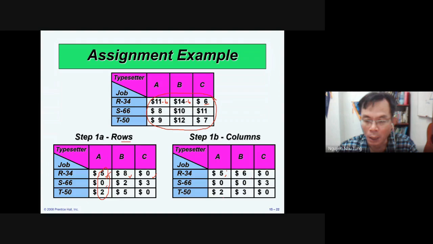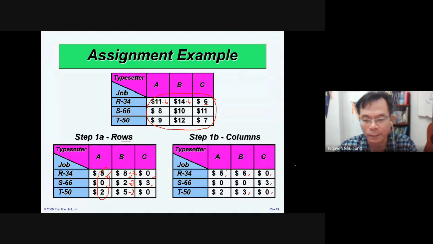Column B, the smallest number is 2: 8 minus 2 is 6, 2 minus 2 is 0, 5 minus 2 is 3. And you see that the new table in step 1B for column B is 6, 0, 3, and for column C, 0, 3, 0.